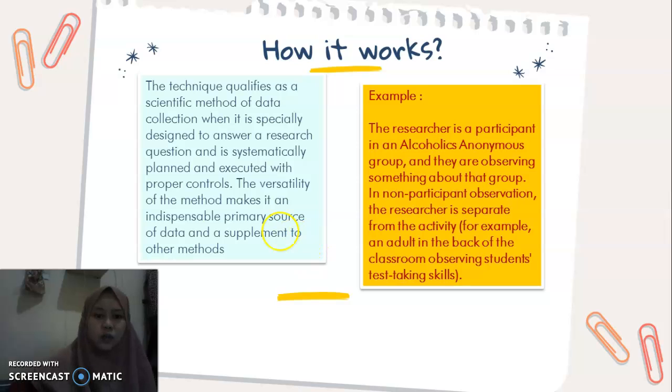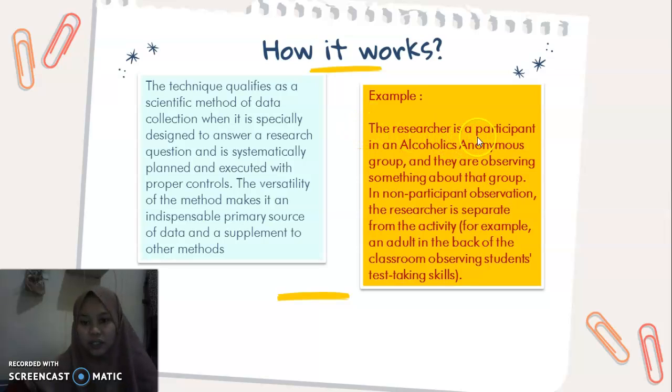The technique qualifies as a scientific method of data collection when it is specially designed to answer a research question and is systematically planned and executed with proper controls. The versatility of the method makes it an indispensable primary source of data and a supplement to other methods. So this is an example of observation.